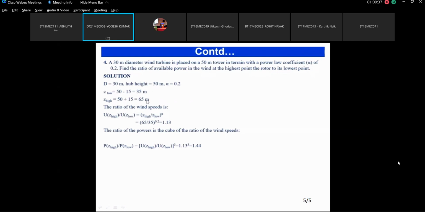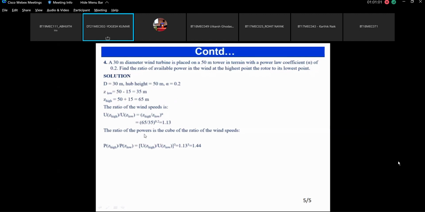Now according to the power law, we use Z low and Z high: Uz high divided by Uz low equal to Z high divided by Z low to the power alpha. So we get the value 1.13 for Uz high by Uz low, that is the wind speed ratio.